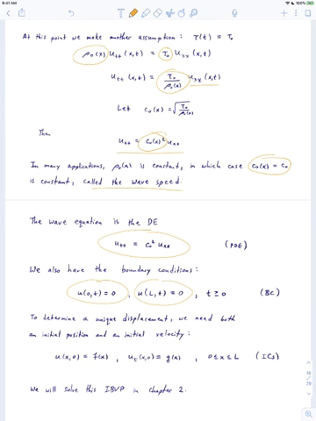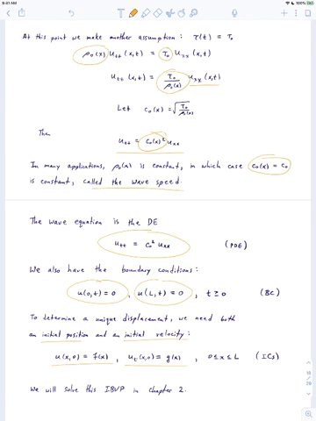The string has its endpoints fixed, so there's no displacement at 0 and L. To determine a unique displacement, we need both the initial position and also the initial velocity. So the initial position is some prescribed function, and the initial velocity is also some prescribed function. Together, these give you the initial conditions you need in order to determine the unique displacement.